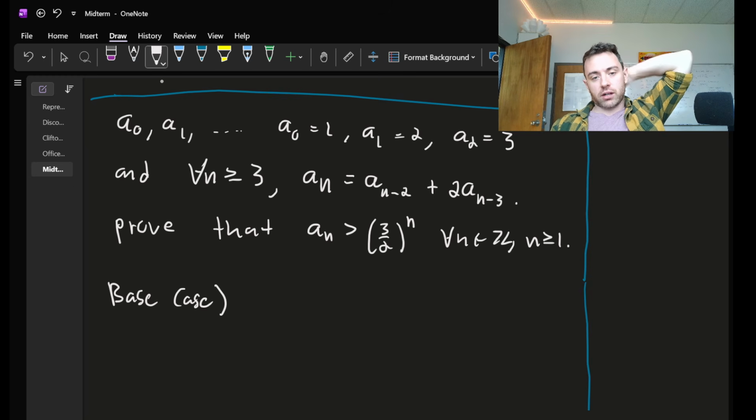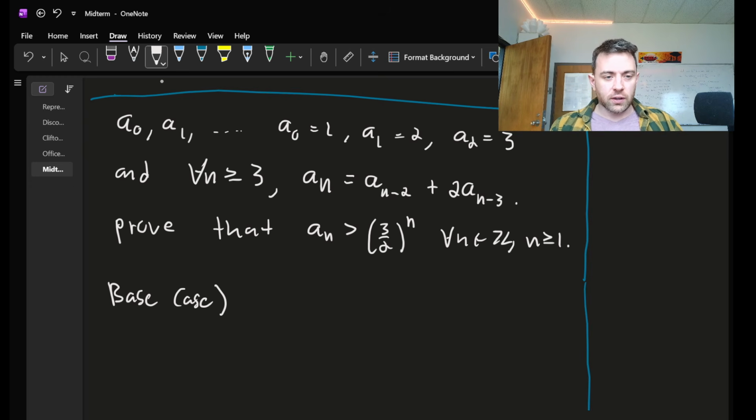I suspect that since my sequence has three seed values, which I have to define by hand before I define this recursive sequence, I need at least three base cases. So let's do that, and let's be open to the fact that we may have to do more base cases depending on how the situation shakes out.